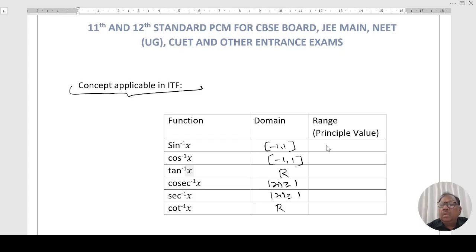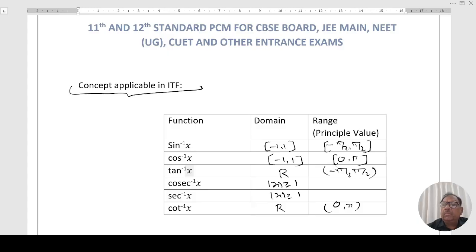Sin inverse has range minus pi by 2 to pi by 2, closed interval. In case of cos inverse, 0 to pi, closed interval. In case of tan inverse, minus pi by 2 to pi by 2, open interval. In case of cot inverse, 0 to pi, open interval.